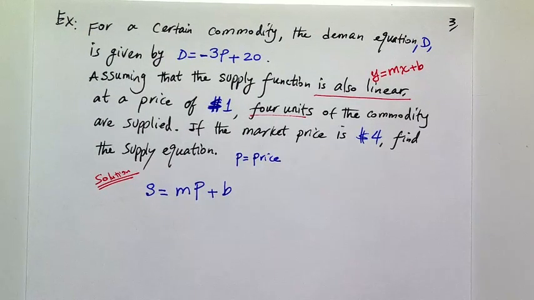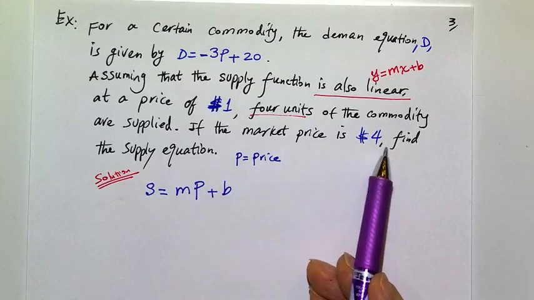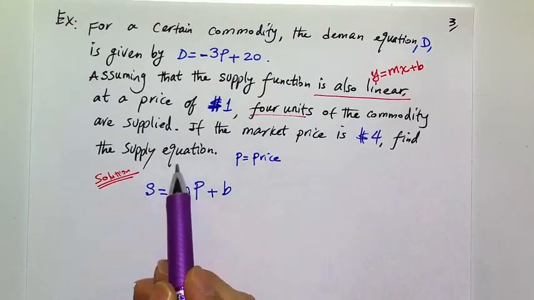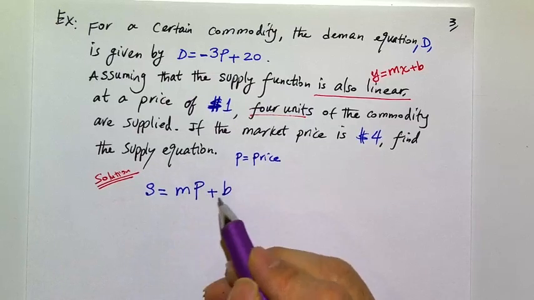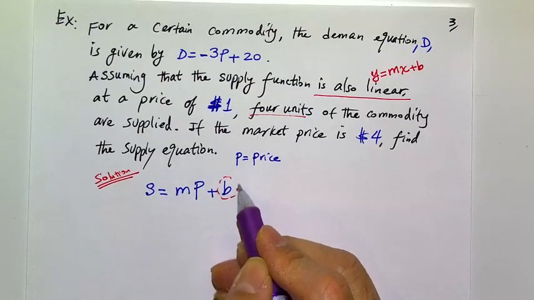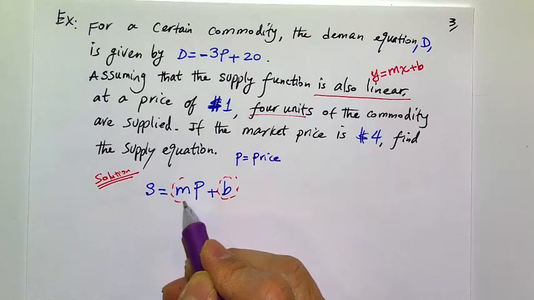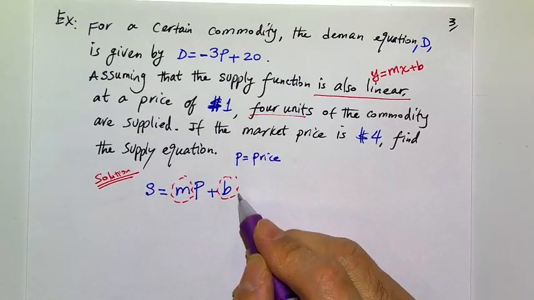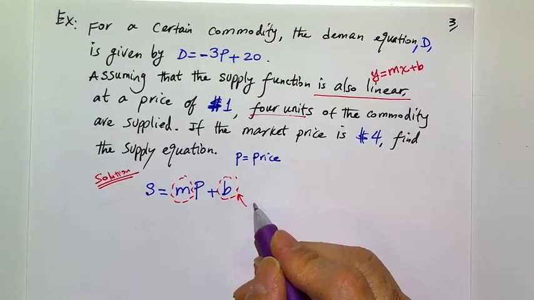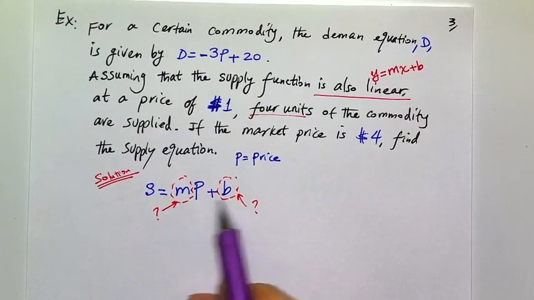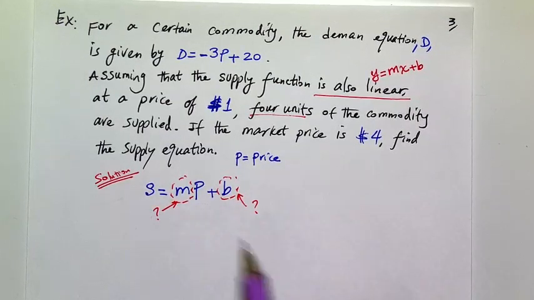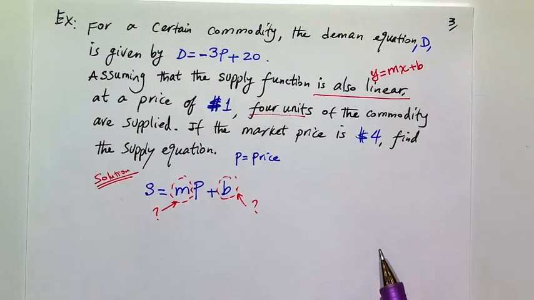So they're asking us to find the supply equation. To find the supply equation, we only need to know what the y-intercept is and what the slope of the function is. So if we figured out these two variables, we can answer the question they're asking.